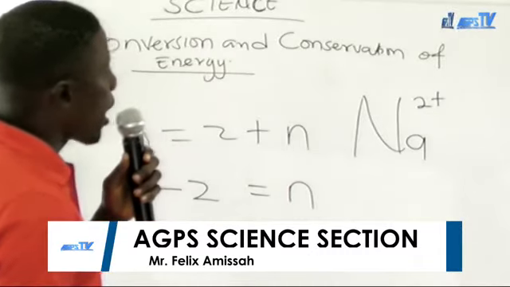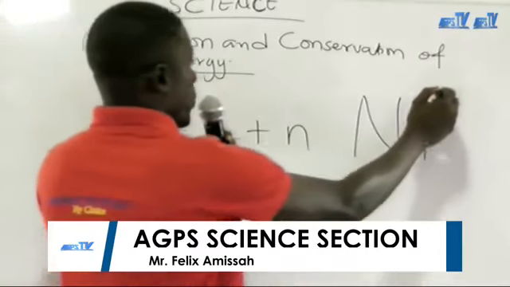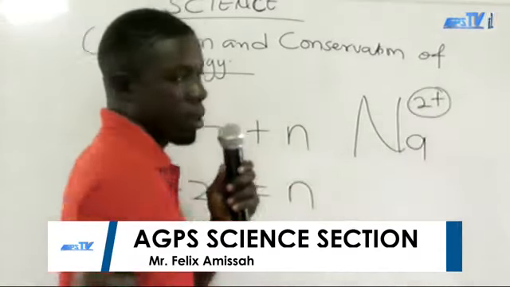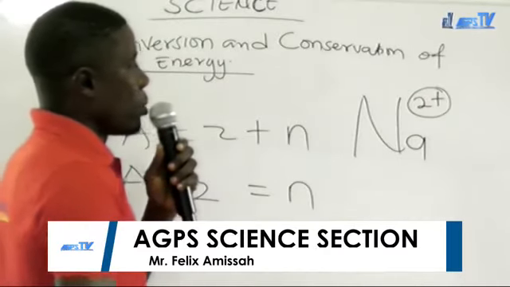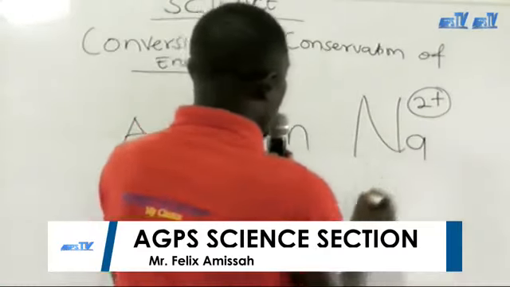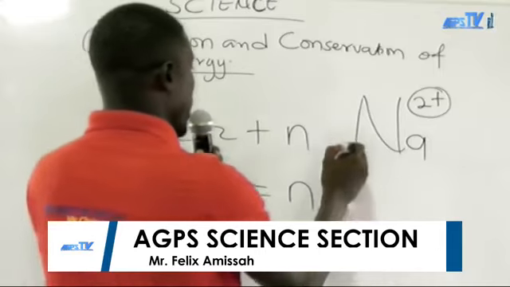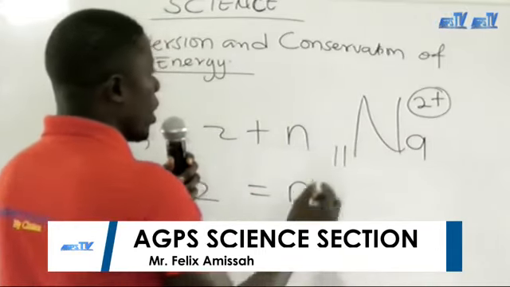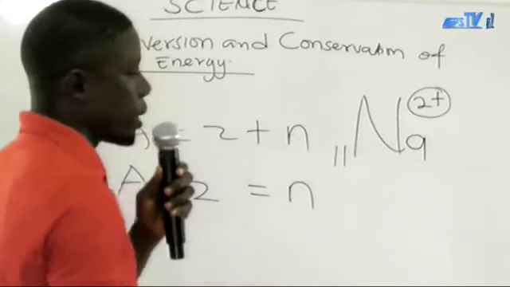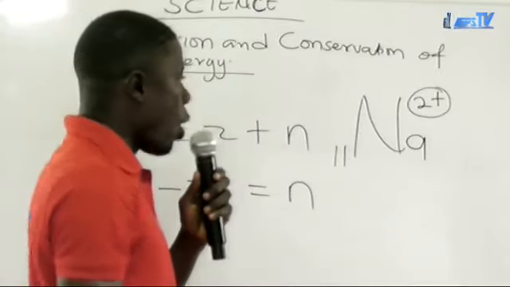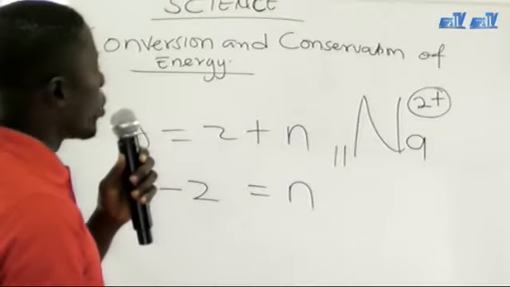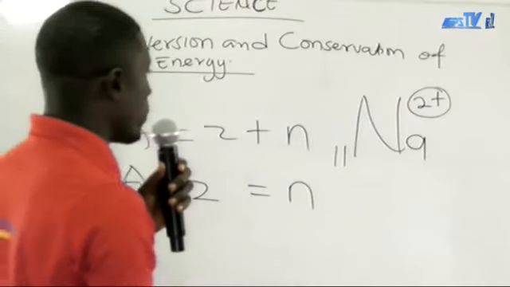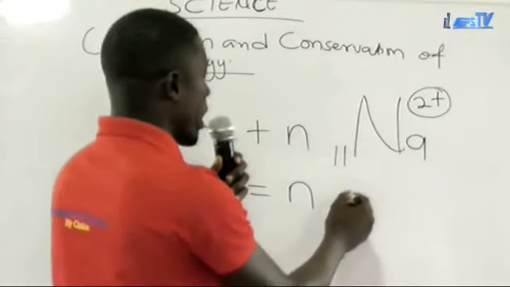It means that this atom has lost 2 electrons. So if the atomic number of sodium is 11, you deduct 2 from the 11. If you are told to write down the electron number of sodium, you just deduct 2 from 11, then you get 9.